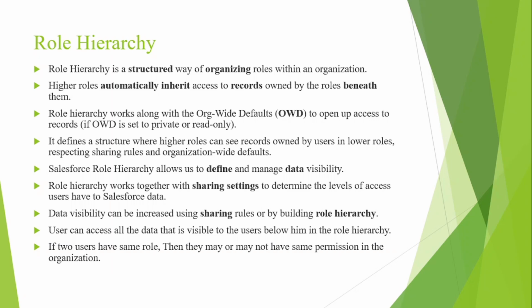OWD is a concept we are going to see in the coming session. If the organization wide default is set to private or read only, then the role hierarchy opens up access to the records. It defines a structure where higher roles can see records owned by users in lower roles.